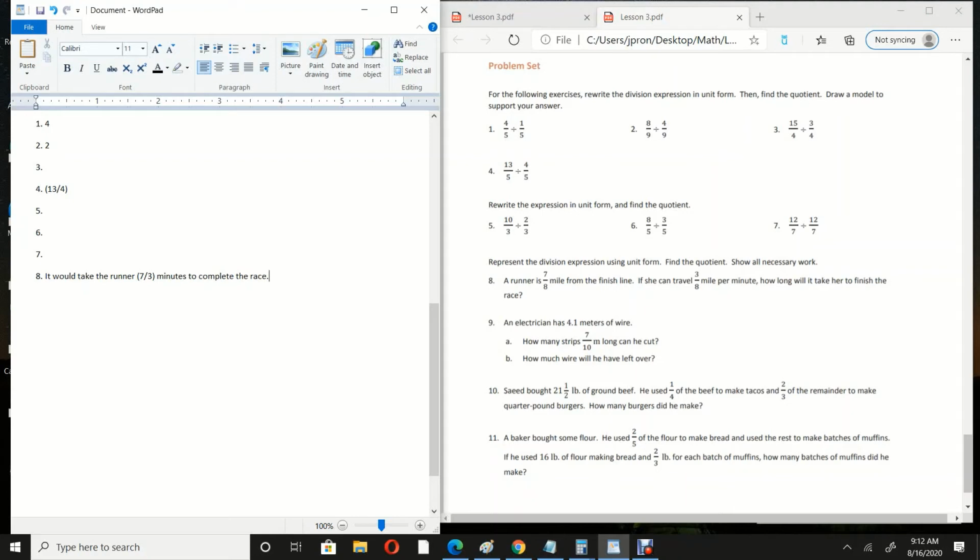And then if I wanted to show my work here, I would just explain that this is what I did. So we divided 7/8, and the slash is division, so by 3/8, equals 7/3.